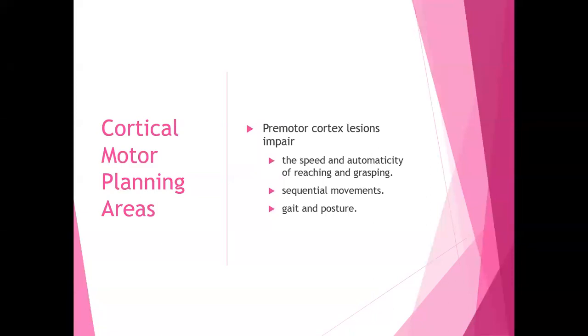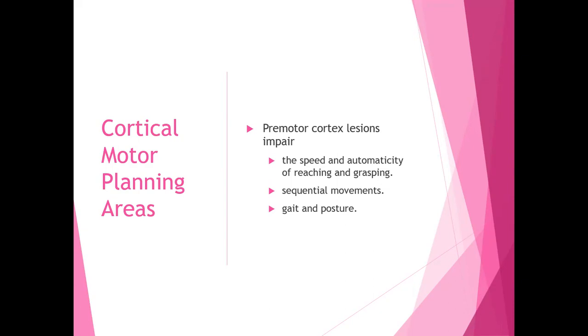So I worked with a gentleman a while back who had a stroke that affected his premotor cortex, I'm assuming by the difficulties that he had. And it was an anterior cerebral artery stroke, so it also affected his personality. But he had trouble with reaching and grasping and doing things.